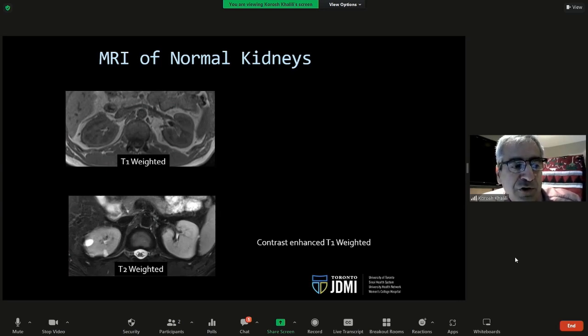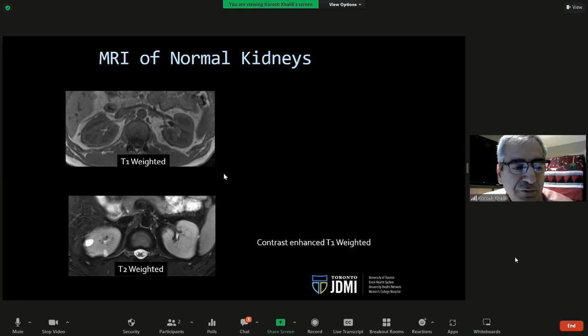Those hydrogen atoms may be in proteinaceous or soft tissues, or they can be in water. T1 weighted images show the hydrogen atoms more when they're not in a watery environment, when they're in protein and fatty tissues, and T2 weighted images show the hydrogen atoms that are in water. So we can show some of those tissues very nicely just by looking at what kind of hydrogen atom it is, or where that hydrogen atom is placed.